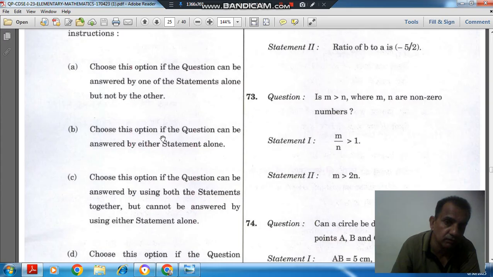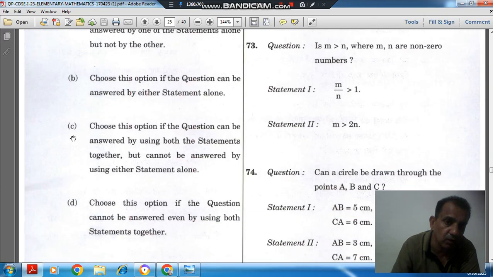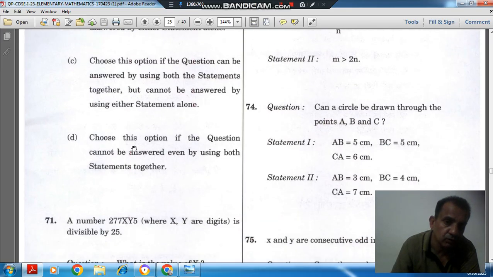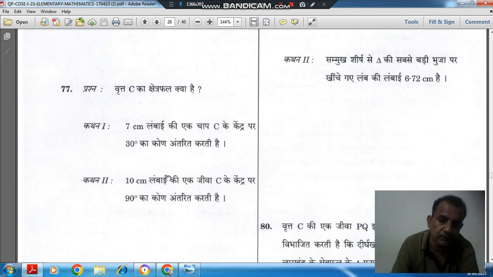Option B: choose this option if the question can be answered by either statement alone. Option C: choose this option if the question can be answered by using both the statements together but cannot be answered by using either statement alone. Option D: choose this option if the question cannot be answered even by using both the statements together.